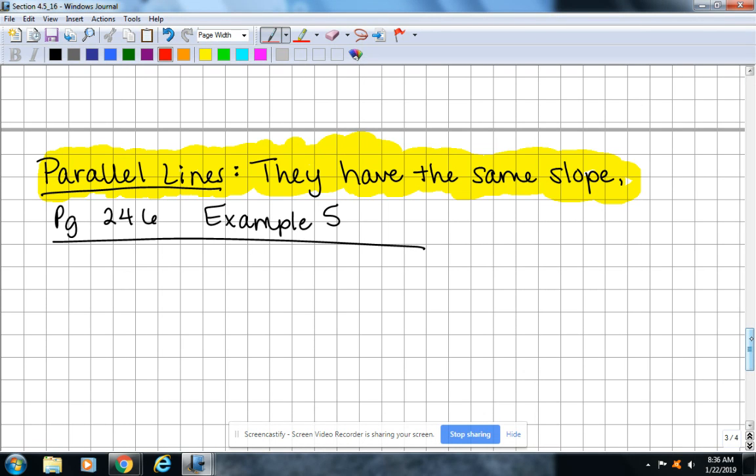It says page 246, so if y'all would turn there. We're going to talk about parallel lines for a moment.